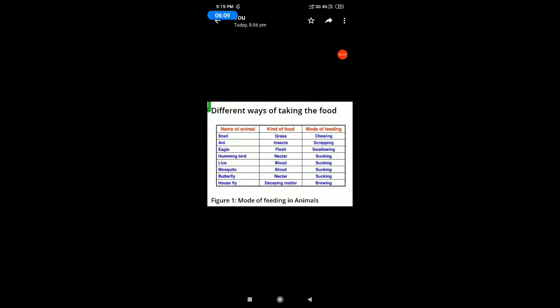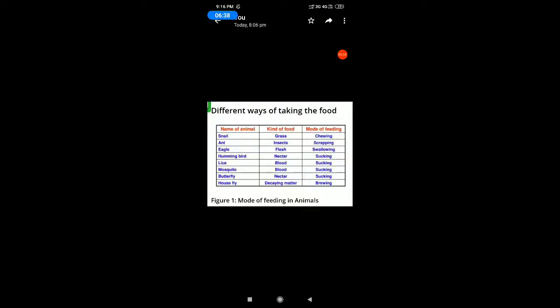Name of animal, lice. Kind of food, blood. Mode of feeding, sucking. Then mosquito. Kind of food, blood. Mode of feeding, sucking.